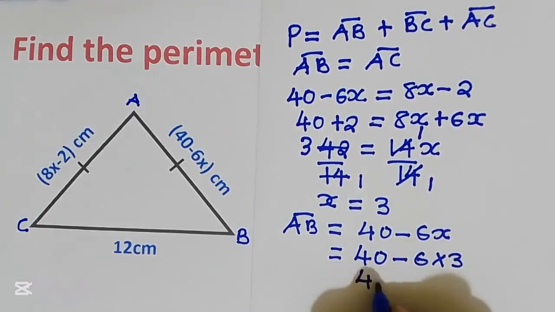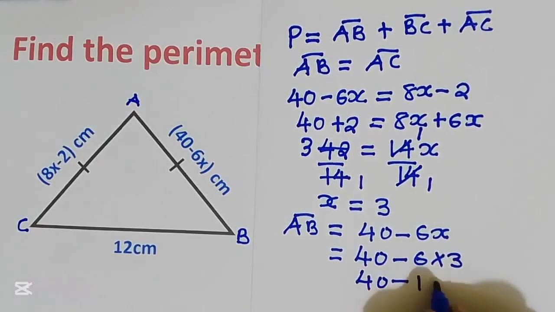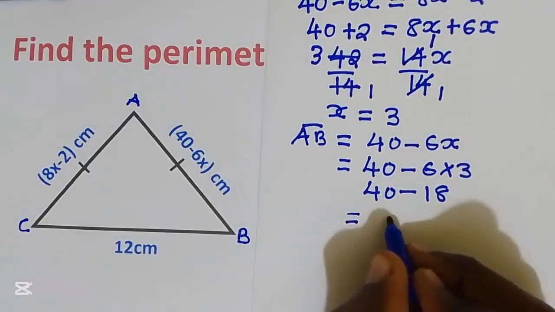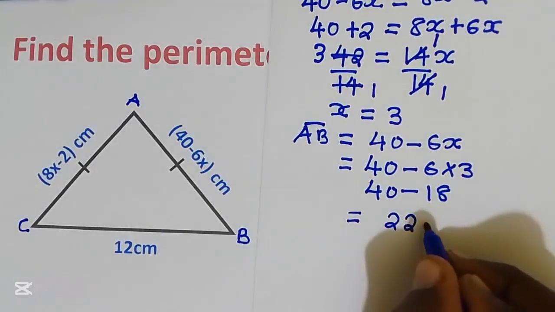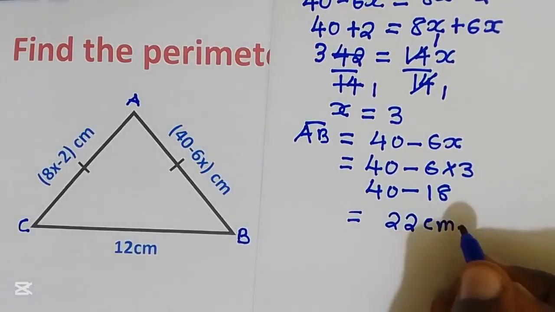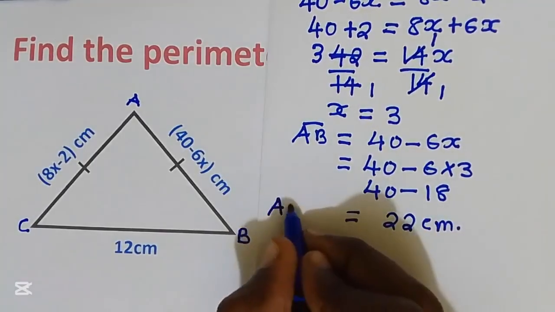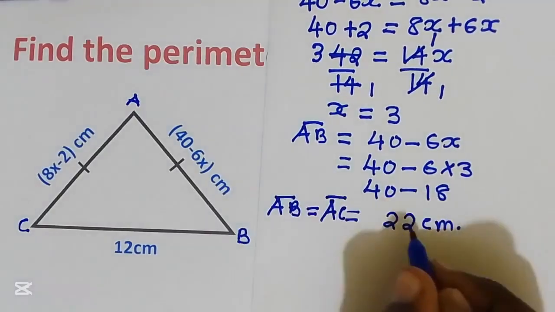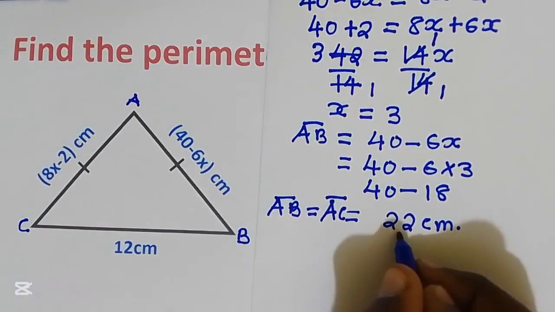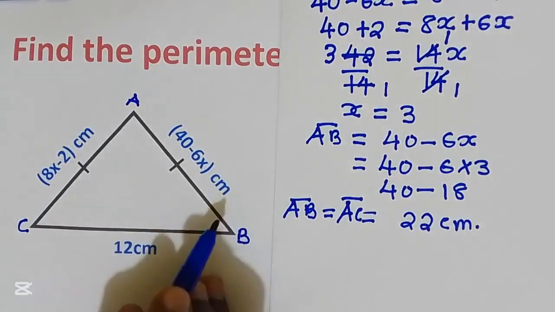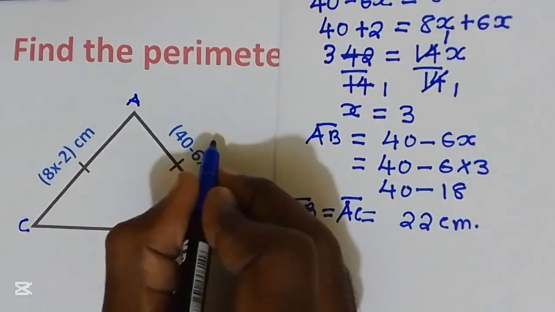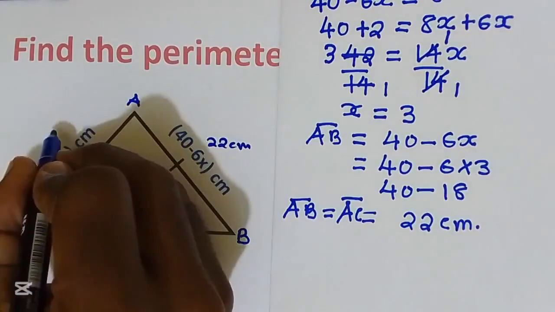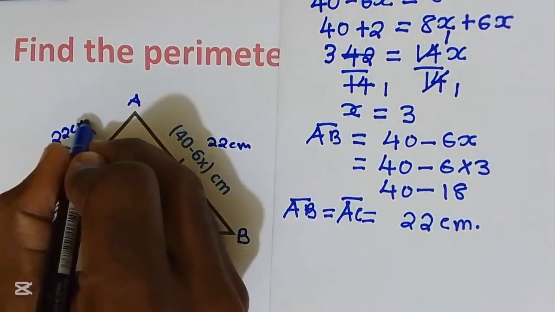We have 40 minus 18, which is equal to 22 centimeter. But we know AB is equal to AC. That is equal to 22 centimeter. So AB is 22 centimeter, and AC also is 22 centimeter.